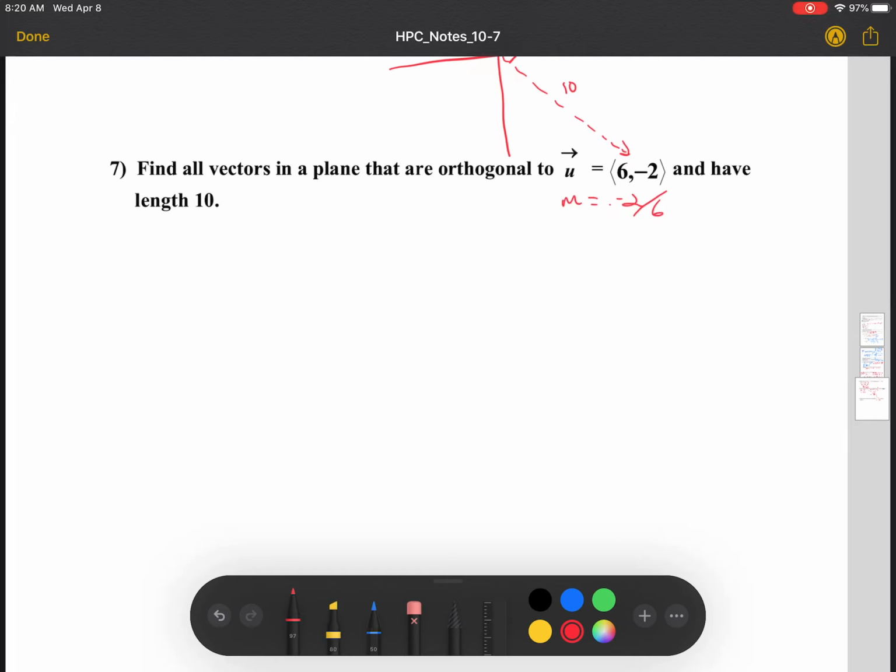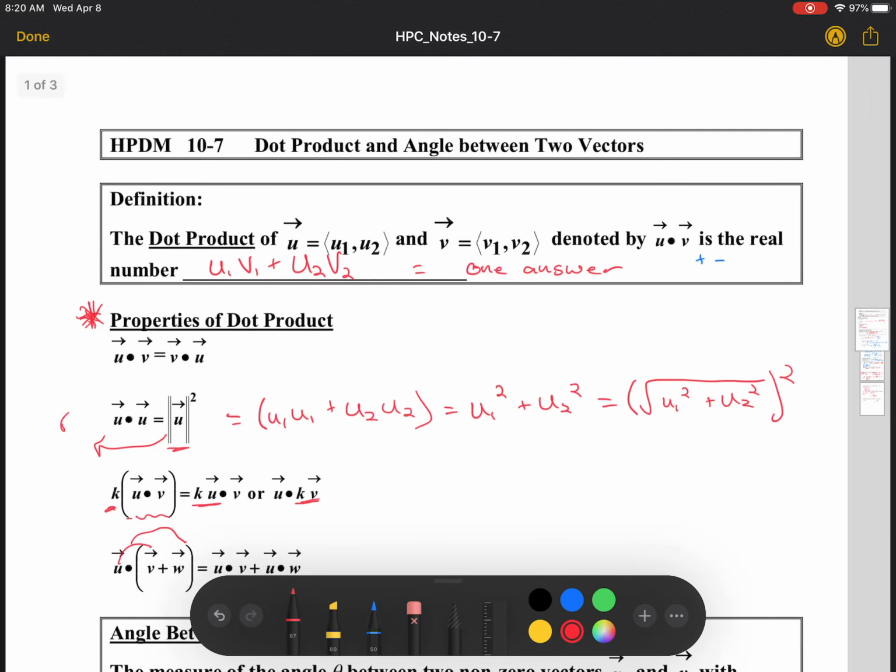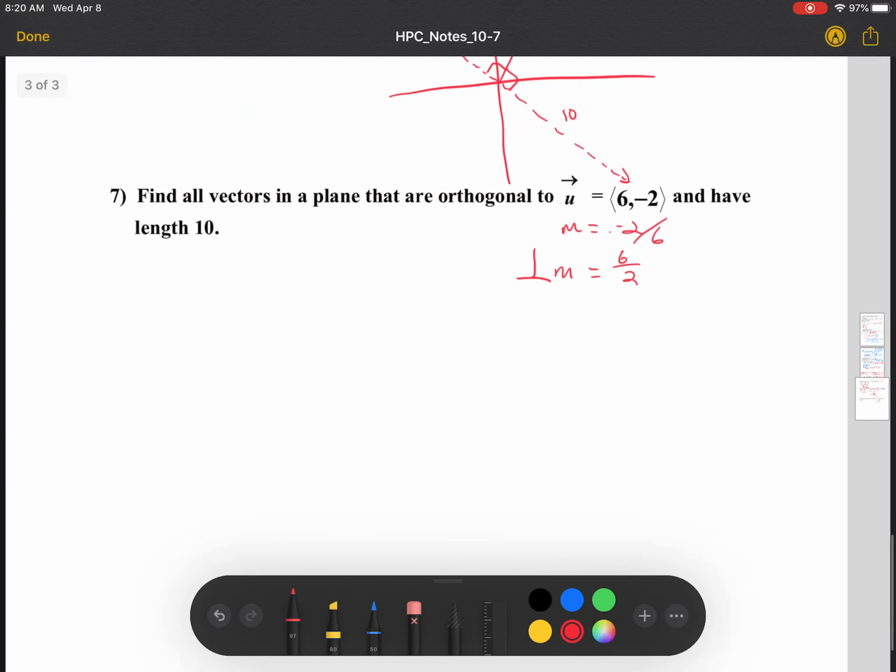I'm taking that vector, I'm turning it into a slope. Now if I want two slopes that are perpendicular, so perpendicular m's would equal, remember this is opposite reciprocal. So opposite reciprocal means times it by -1 and flip it. So that's just going to get you 6/2.